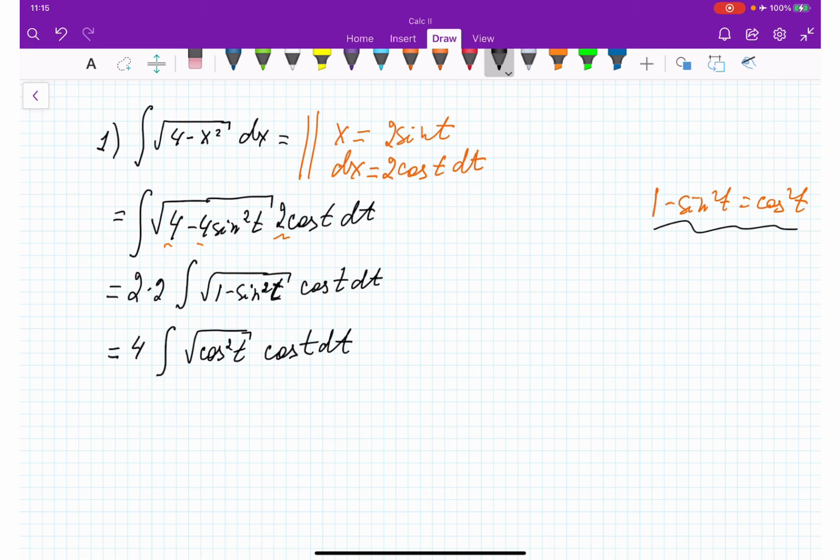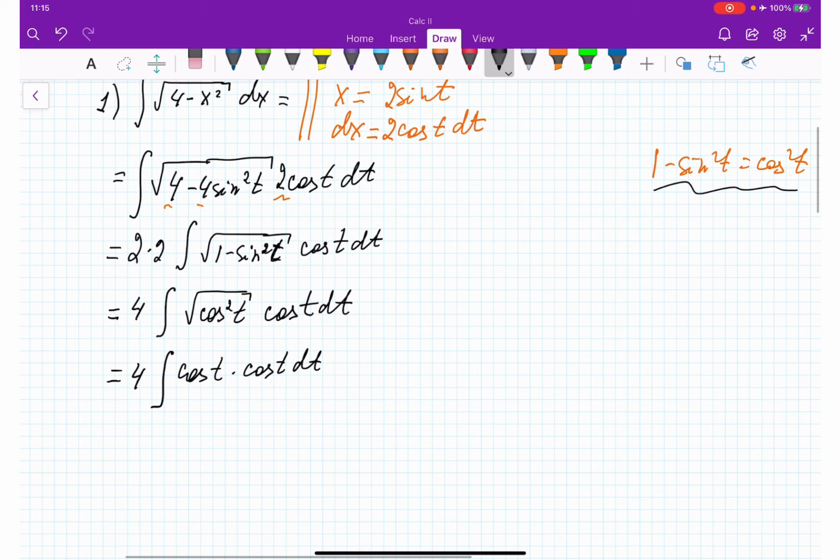Yes? From here, the 4 stays there. Integral cosine t times cosine t, right? I took it out of the square root. Very good. And the result is I'm getting 4 integral cosine squared t dt.